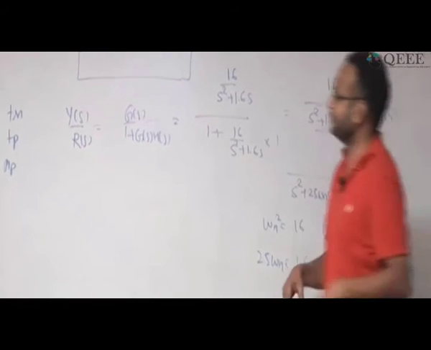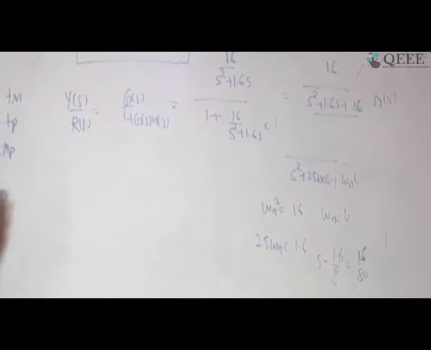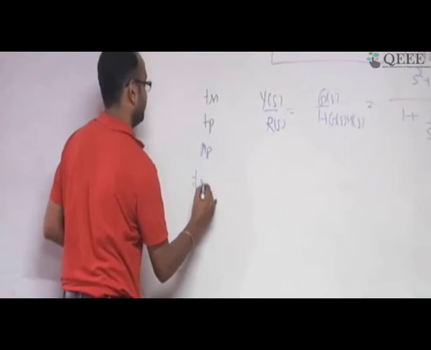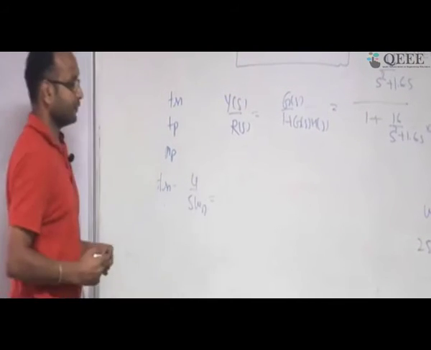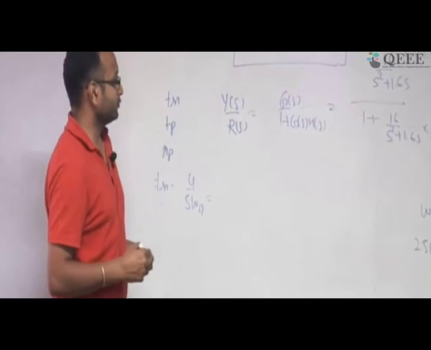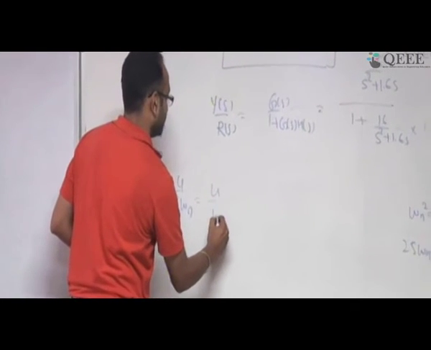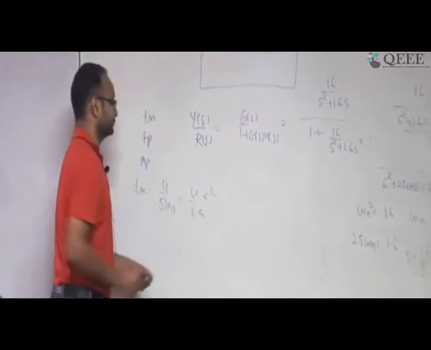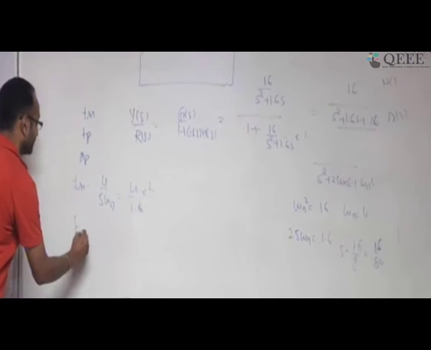Now you find out the settling time and peak time. Let us start with the settling time: 4 by zeta omega n, which is nothing else but 4 by 1.6 into 2. This is going to be the settling time. Similarly, I can find out the peak time.